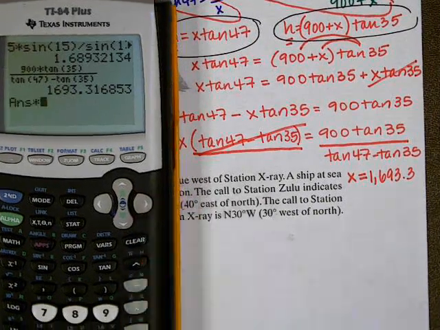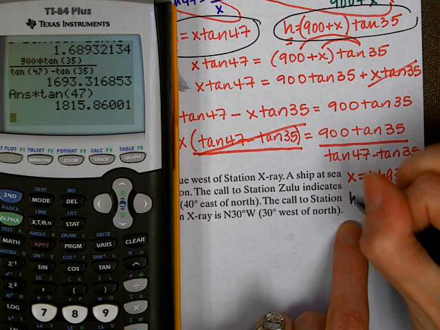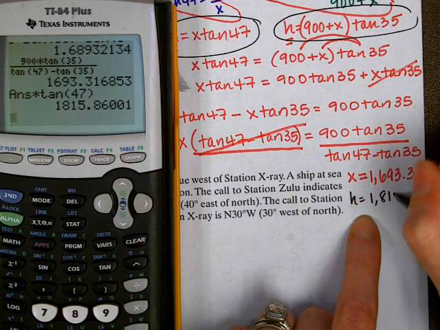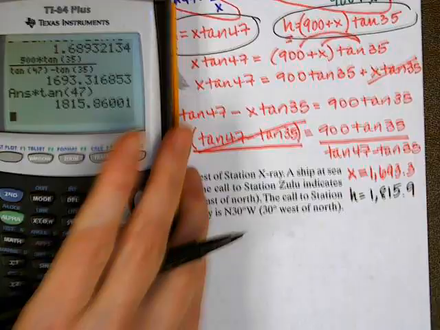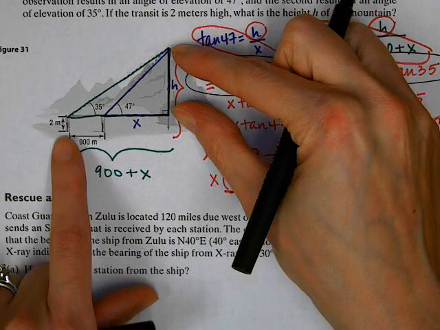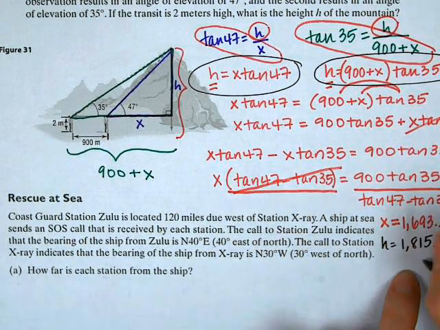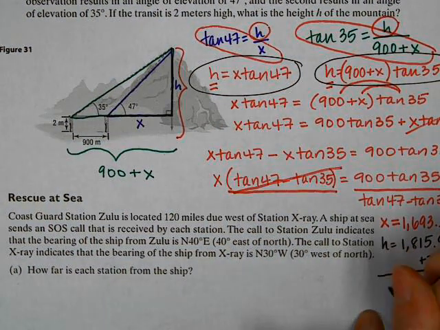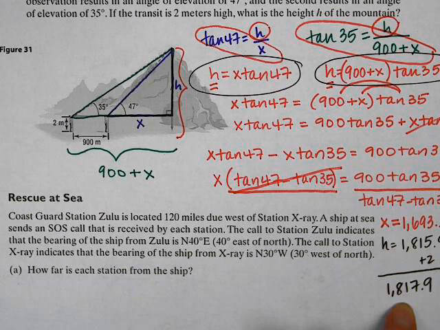You end up with h being 1,815.9. But then remember, that was only the height of the triangle. We still have to add that 2 meters. So if we add 2, the final answer is 1,817.9, and this is meters.